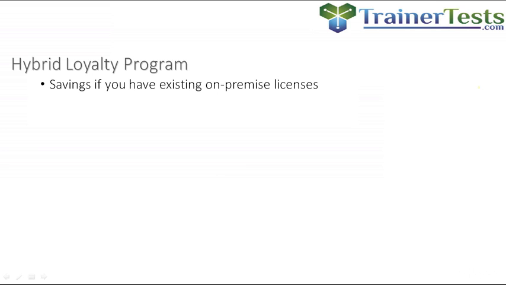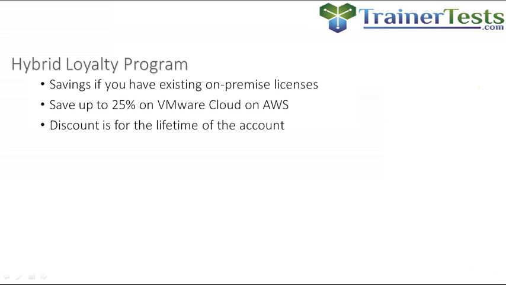data center. Okay, another way to make this purchase a little bit more economically friendly, let's say, is something called the hybrid loyalty program. So when you look at the pricing, you may think, hey, this is pretty expensive, especially if you've already invested in on-premise licenses. Well, the good news is you can bring those licenses into VMware Cloud on AWS and get up to a 25% discount for the lifetime of that account.